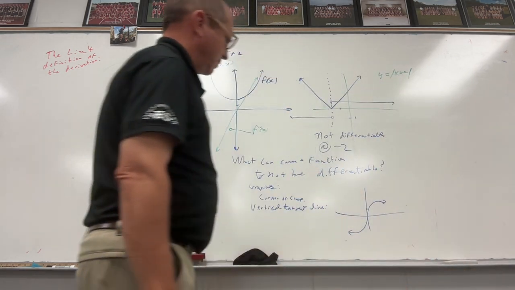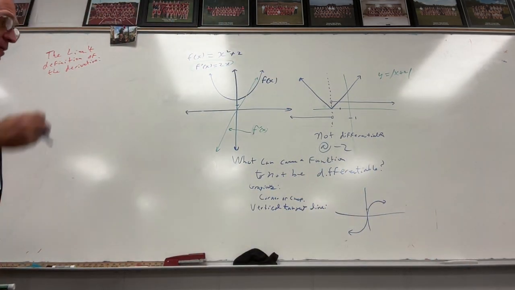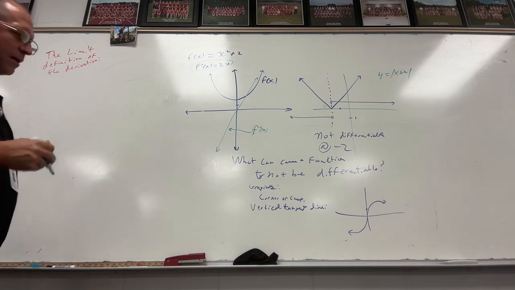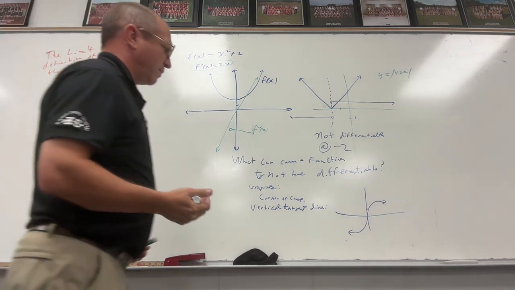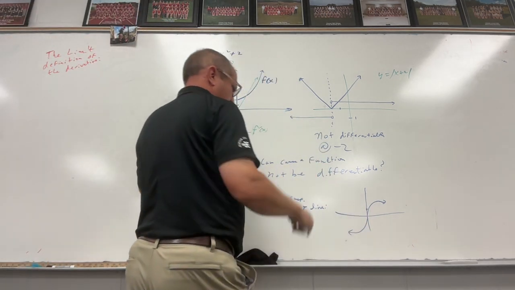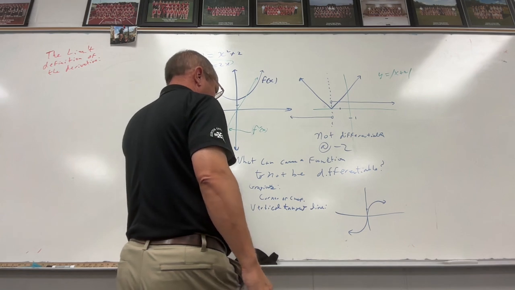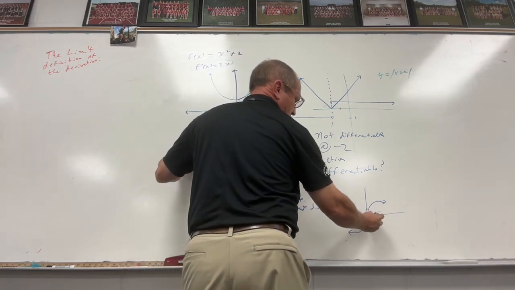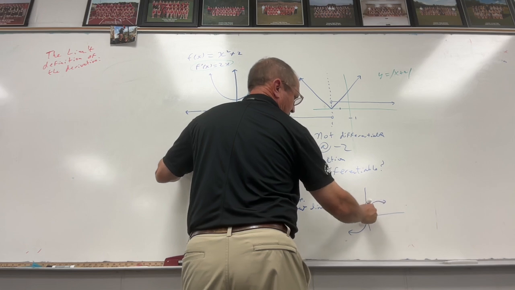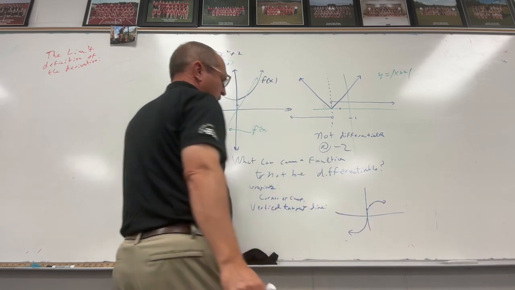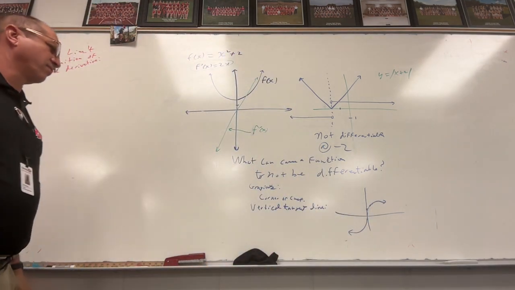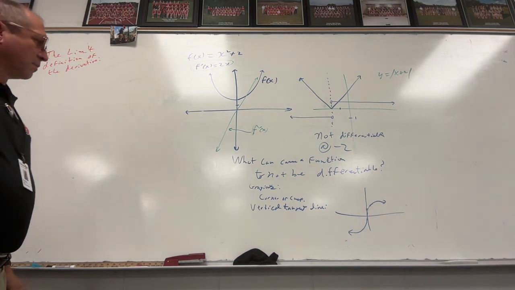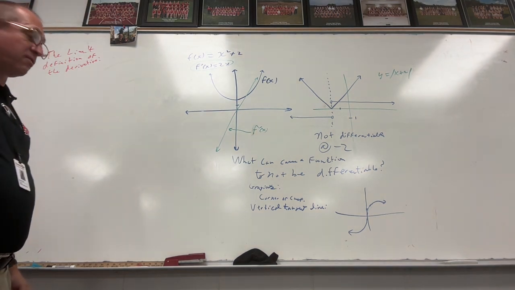It would take on that shape right there. If you do the derivative and plug in 0, you would get an undefined value. So we have a vertical tangent line here, which I didn't draw great, it'd be a little more like that, but it's just at that one instant at 0. So that function would not be differentiable there.